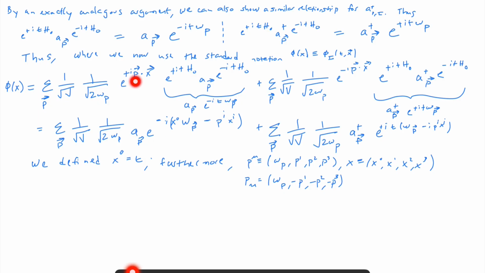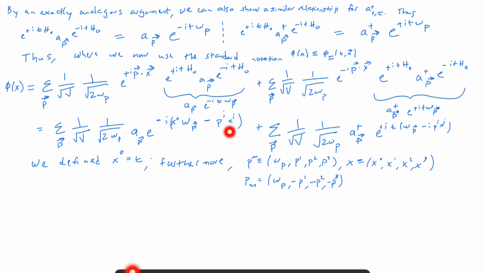We have e to the plus i p x, which I wrote in this way, e to the minus i, and then a minus p x. p dot x is a 3-dimensional vector dotted with a 3-dimensional vector, which is really p_i x_i. When we write it, our symbols are running from 1, 2, and 3 by convention. If we use English symbols like i and j, it's 1, 2, 3. If we use Greek symbols like mu, then it's 0, 1, 2, and 3.